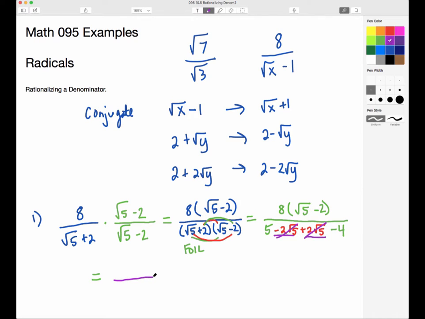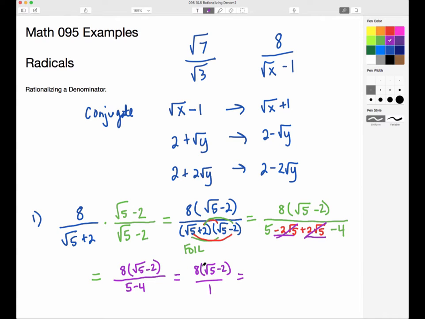So our denominator is now 5 minus 4, and that numerator is 8 times the square root of 5 minus 2. All right, now we can simplify a little bit more. 5 minus 4 is just 1. So 8 times the square root of 5 minus 2 divided by 1, anything divided by 1 is just itself.